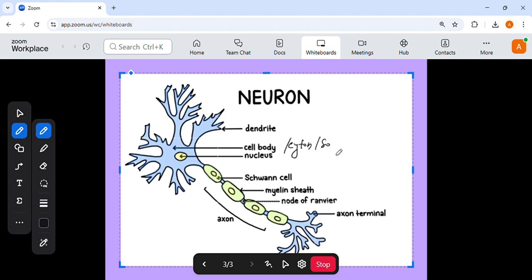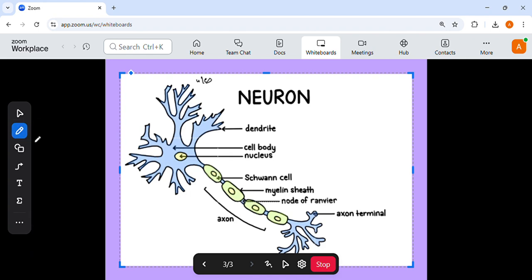Here we'll be seeing the Nissl granules. What will these Nissl granules do?